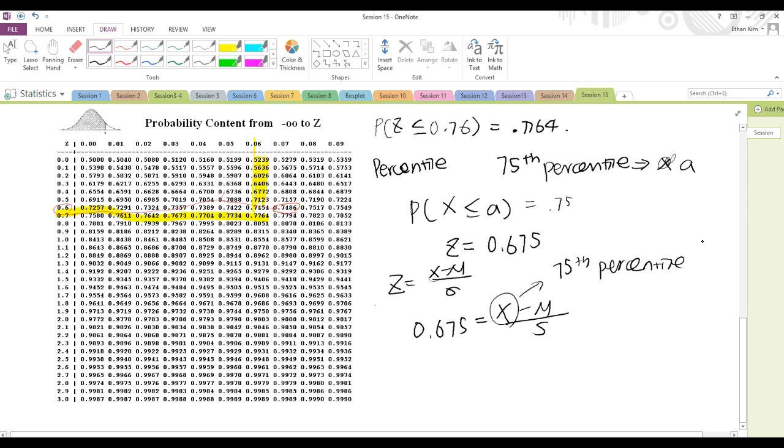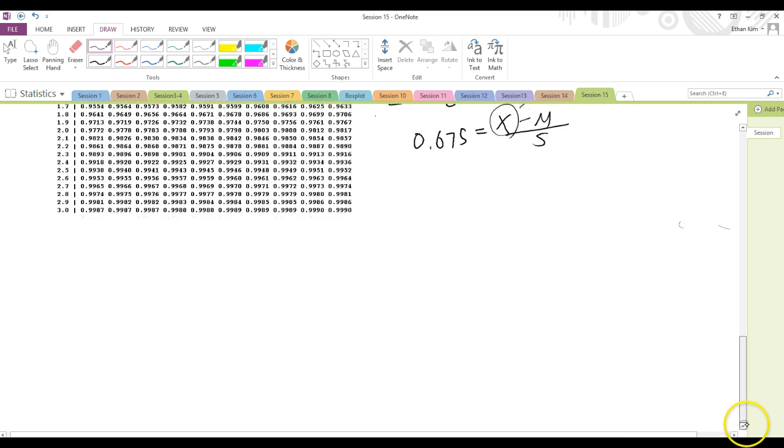Alright, so let's look at an example. I believe we worked on this example yesterday, but we can use this again.